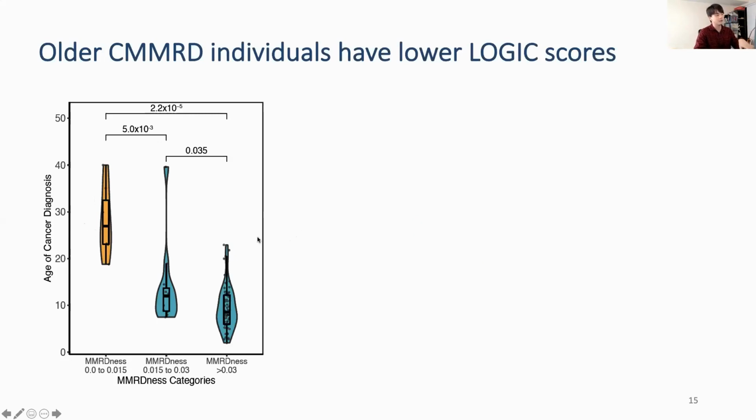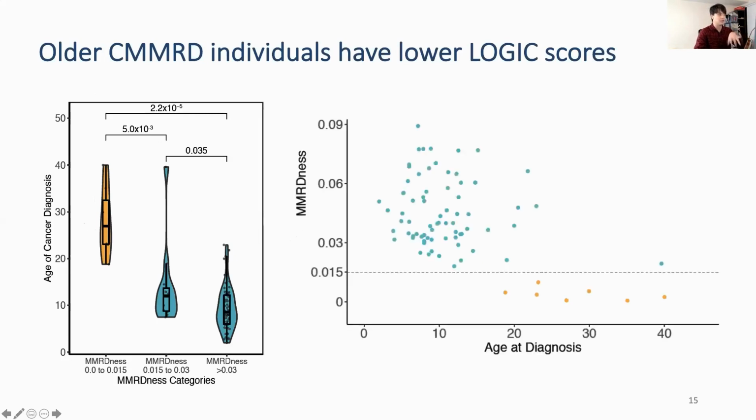And when we now plot every individual on the flipped scale, where on the right here we have old age of diagnosis on the x-axis, below a certain level of MMRDness, the earliest cancer onset for these individuals was at 19 years old.